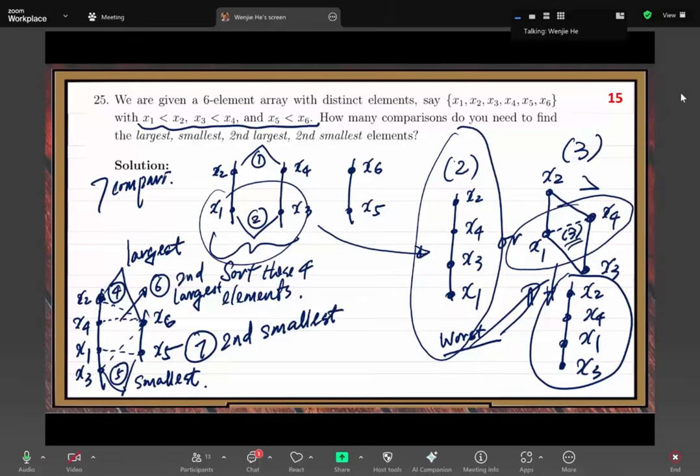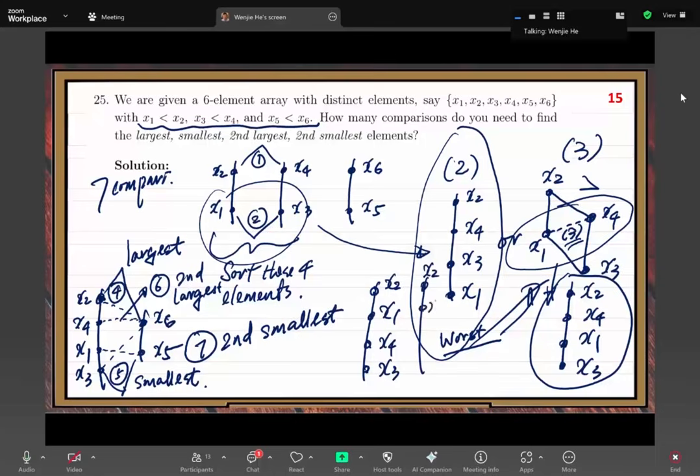That's why we need a third comparison, and there are 2 possibilities.